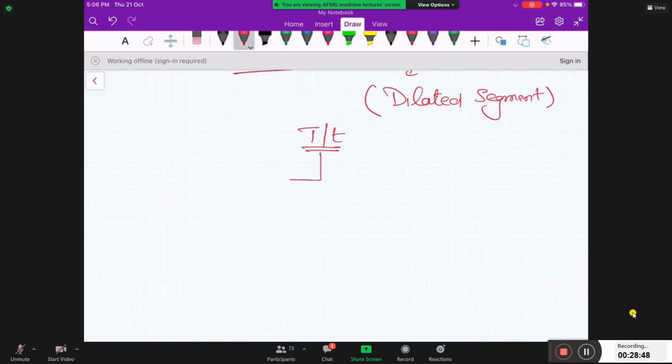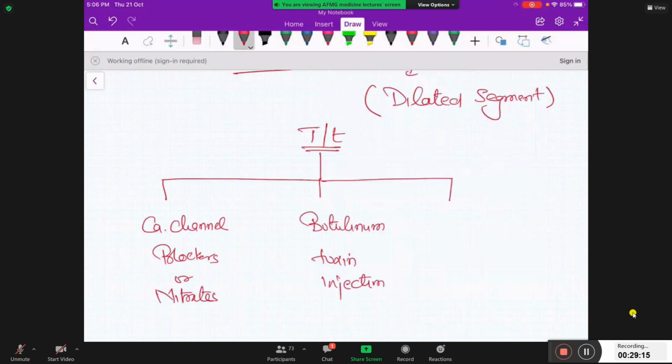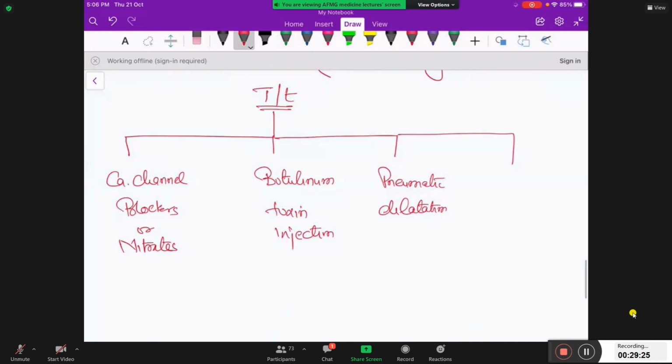The treatment options are calcium channel blockers or nitrates, botulinum toxin injection, pneumatic dilatation, and POEM.